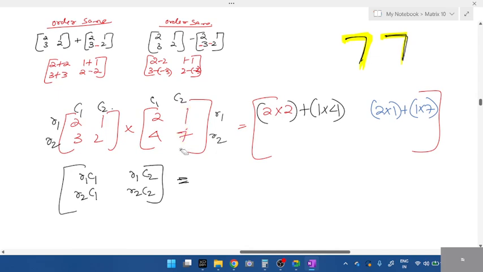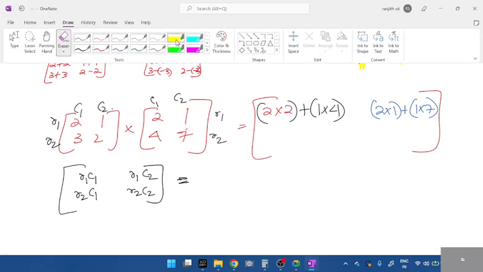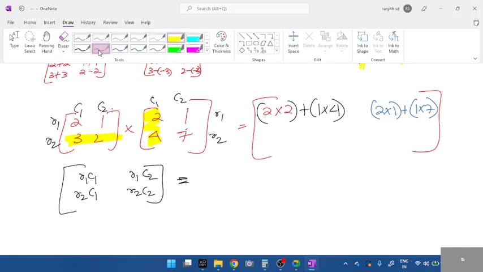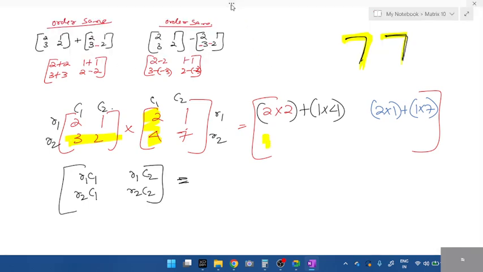Now go with the second row. Take second row, multiply with both the columns. Take second row, multiply with the first column, Amy. Tell me what's the value? 3 into 2 plus. Next, which column should I take?